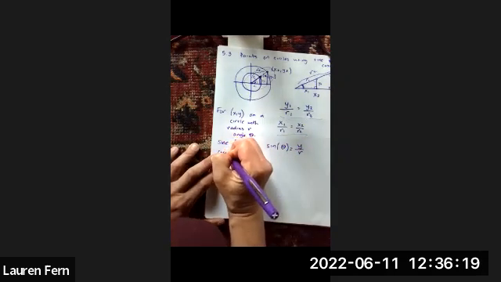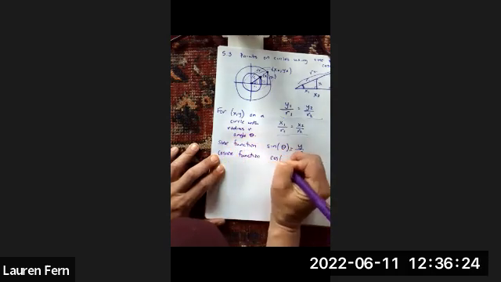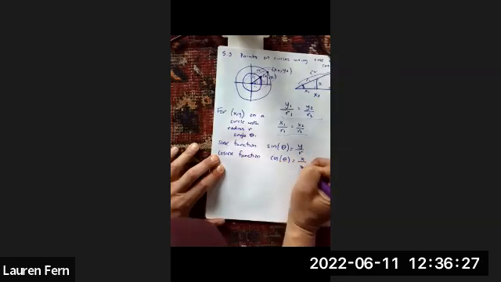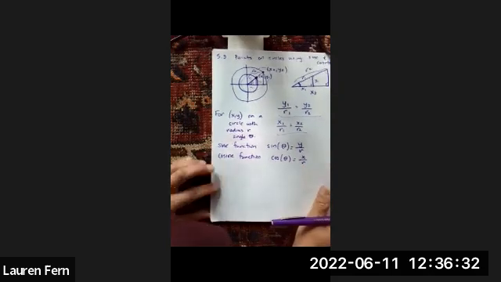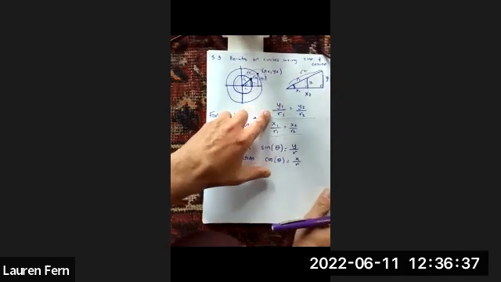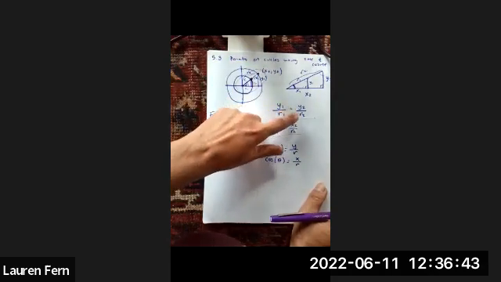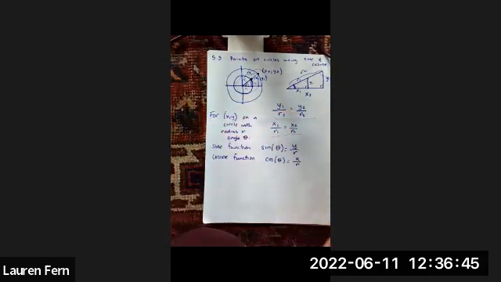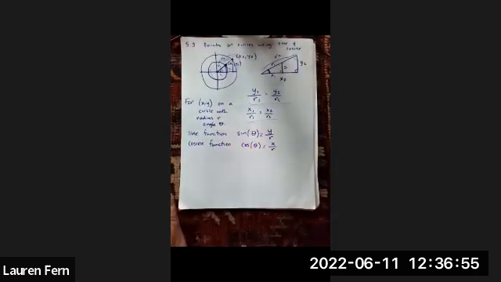And our cosine function, which we write as cos theta, is the ratio of x over r. This is how we define these functions. And again, it does not matter what our radius is, because these ratios are going to be constant no matter what. So these are functions that are totally dependent upon our angle theta.